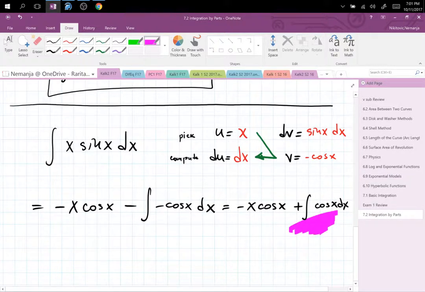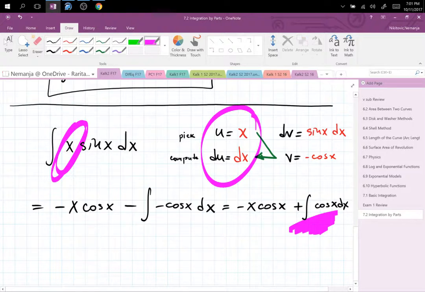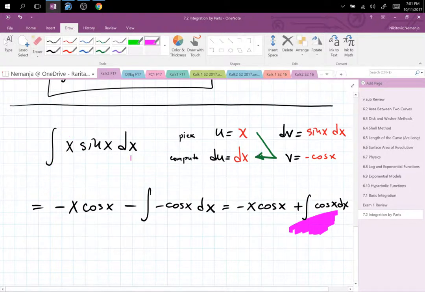Look, we can integrate now. This x that was making an issue earlier is gone because it died in this derivative. So now we can integrate this piece, and we get negative x cosine x minus the integral of cosine is, oh sorry, plus.